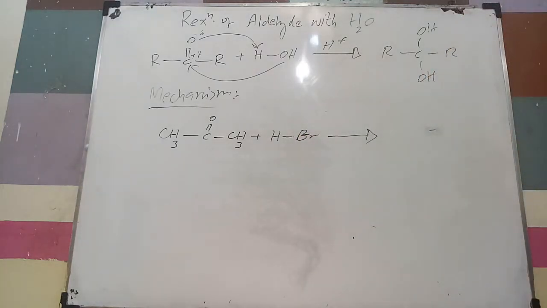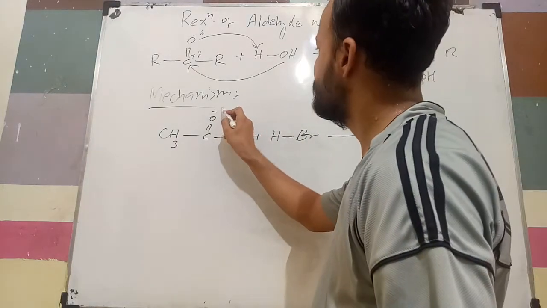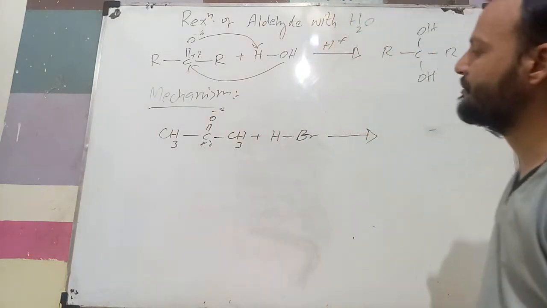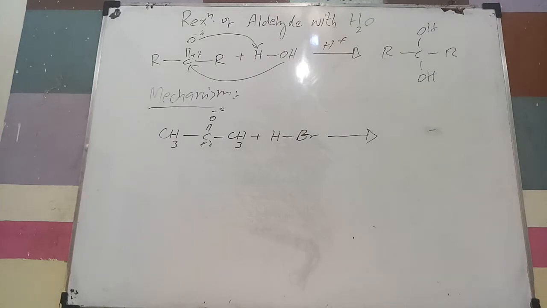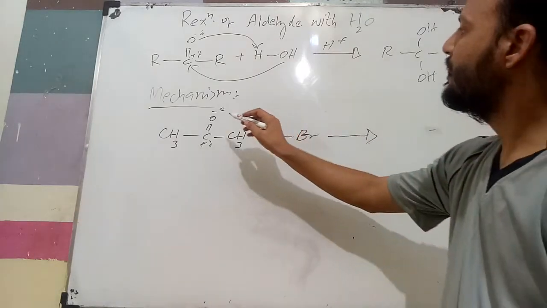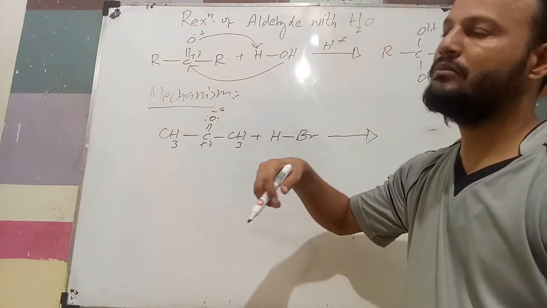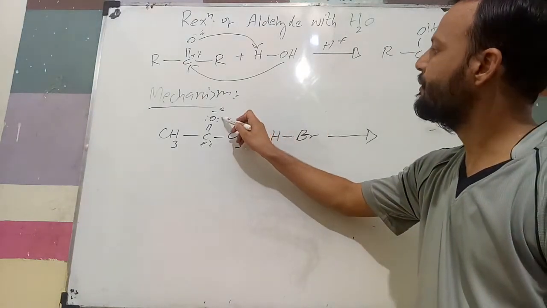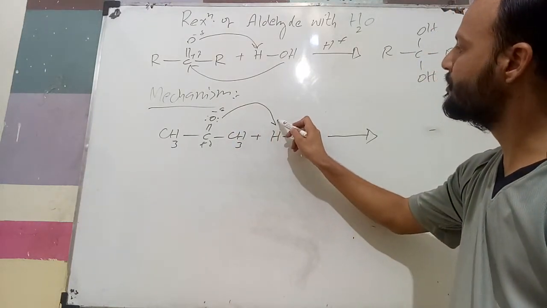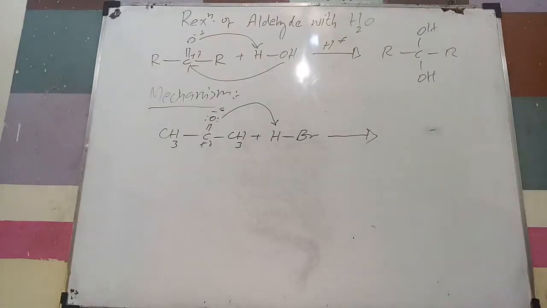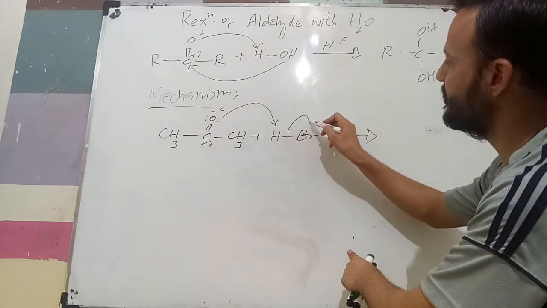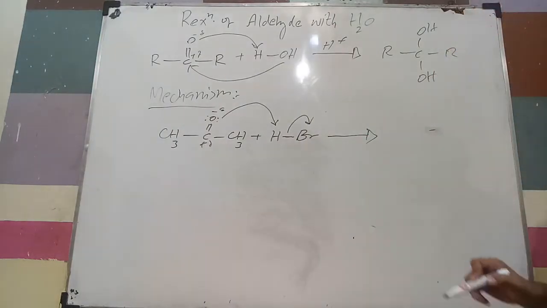Initially, we know this is partial positive carbon. This oxygen uses one of its lone pairs to form a bond between O and H, and this pair of electrons will shift over bromine as bromide ion.